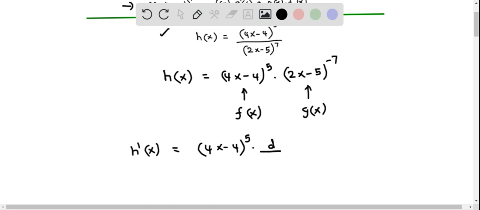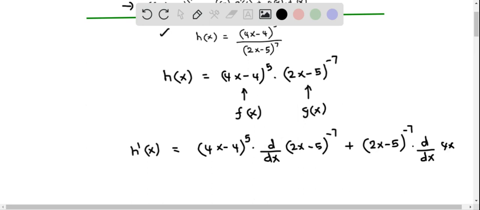So I write this as d by dx of (2x minus 5) raised to the power of negative 7, plus we now write g of x, that is (2x minus 5) raised to the power of negative 7 times the derivative of the first function, that is d by dx of (4x minus 4) raised to the power of 5. So let's find the derivatives.